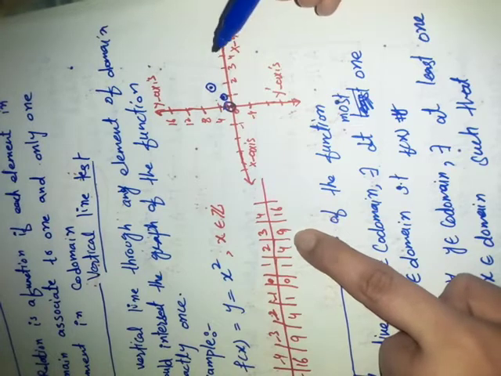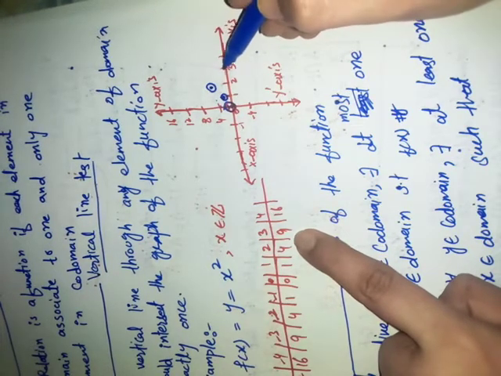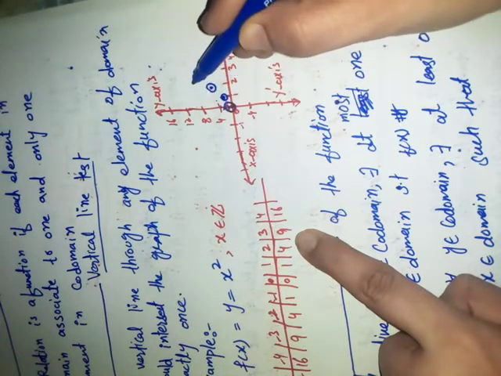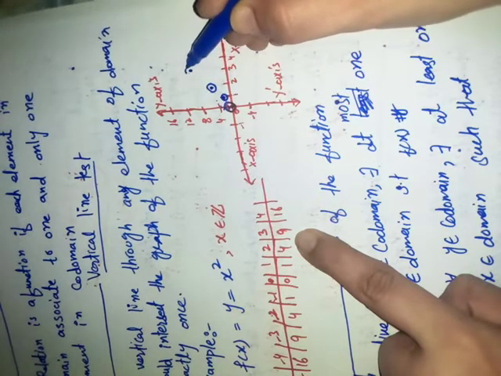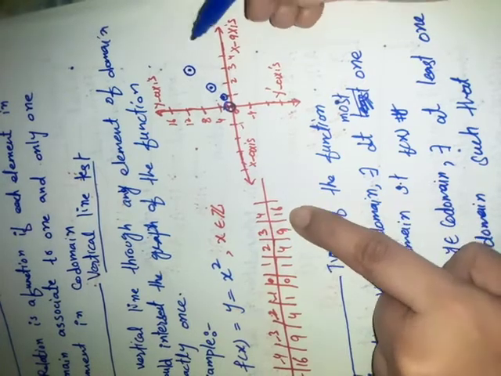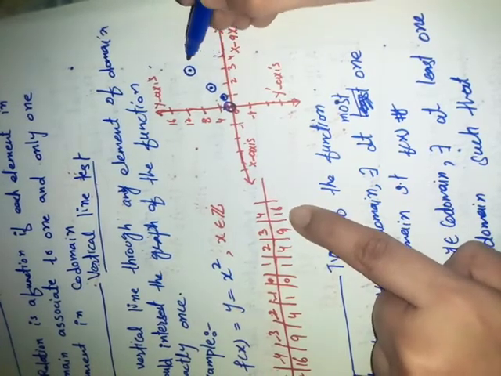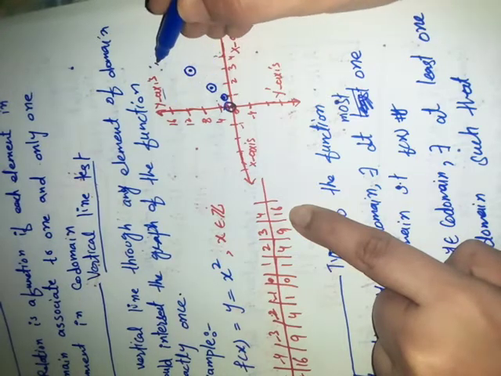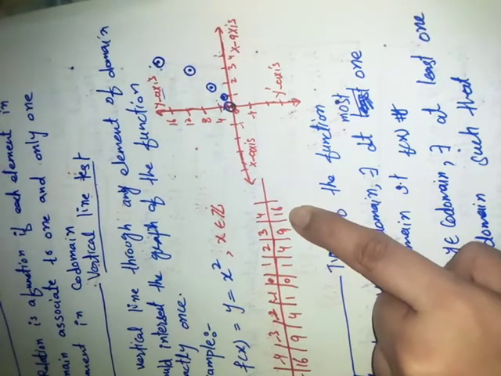If x is 3 and y is 9, then the point is here somewhere. If x is 4 and y is 16, then the point is nearly this one.